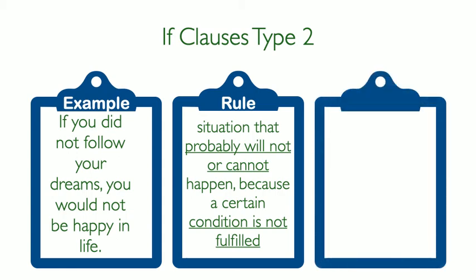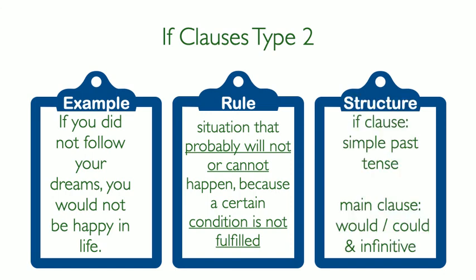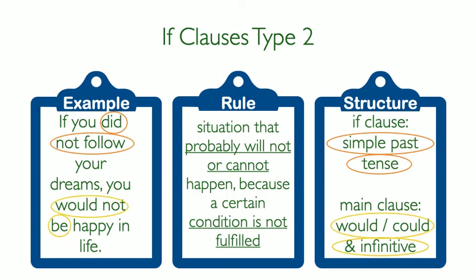The structure in an if clause type 2 tells us that two tenses are used. In the if clause, the simple past tense, and in the main clause, would or could and the infinitive of the verb. In this example, did not follow is the verbal construction in the if clause and therefore in simple past tense, and would not be the verbal construction in the main clause and therefore would plus the infinitive of the verb to be is used.